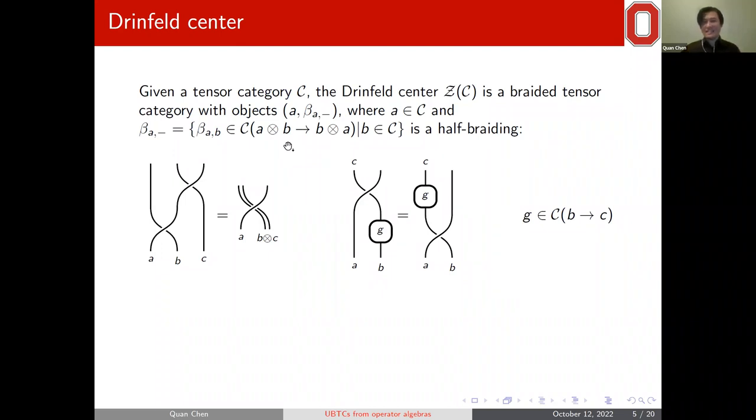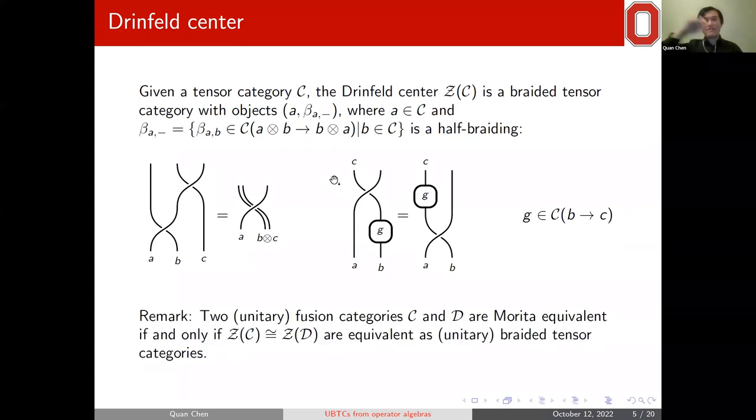Especially your braiding is non-commutative, non-degenerate. And also this Drinfeld center is one of the known examples of a braided tensor category with non-degenerate braiding. All right.